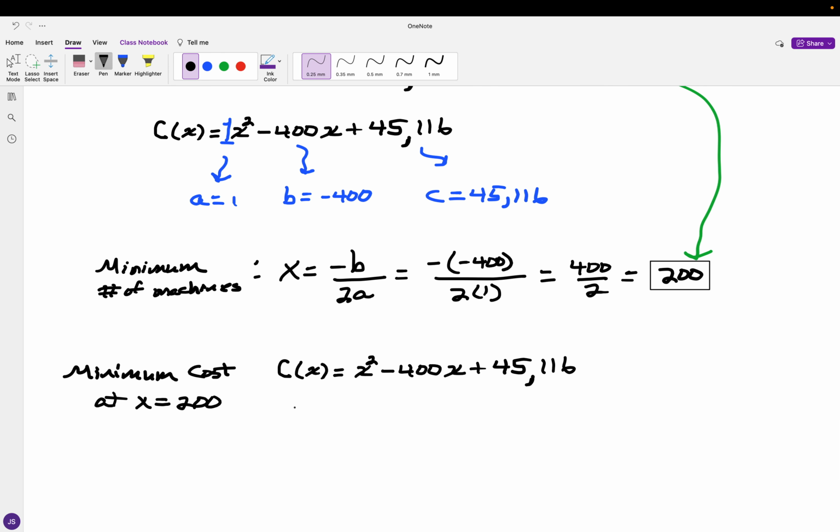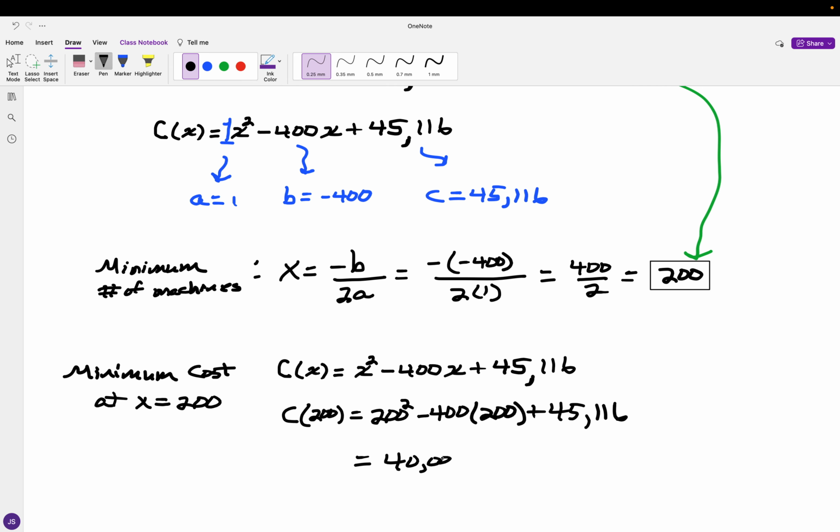So you have 200 squared minus 400 times 200, plus 45,116. For the numbers here, you got 40,000, and 400 times 200, you had the subtraction of 80,000.